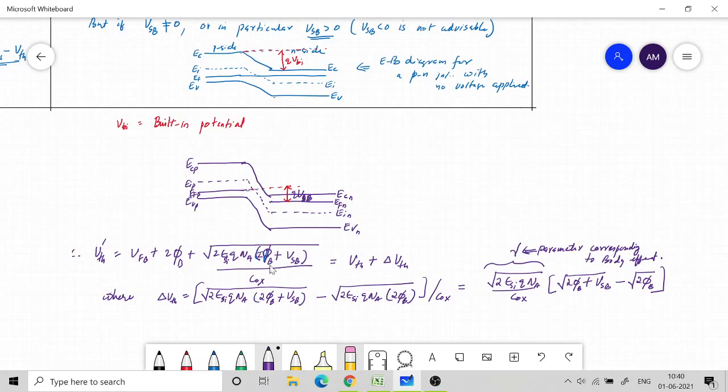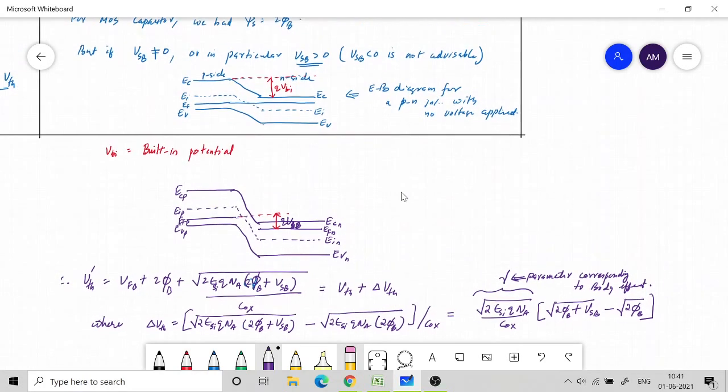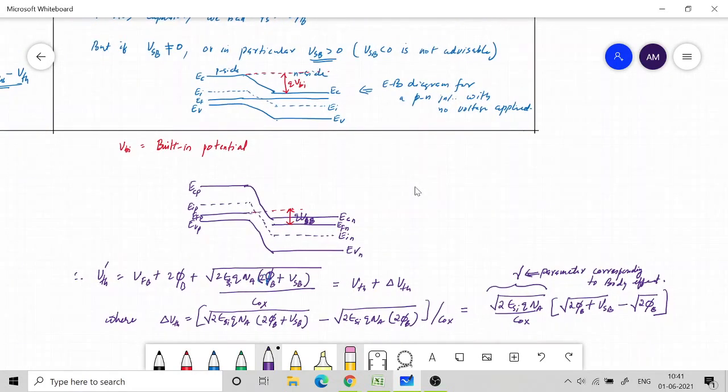Okay, and as a result, the gate voltage should be more relative to the earlier gate voltage in order to create the inversion layer, because more depletion charge means you have to apply more gate voltage in order to form the inversion layer, and that is because your psi-ox, the voltage across the oxide layer, is going to be larger due to the increase in the depletion charge. Okay, I will stop here.